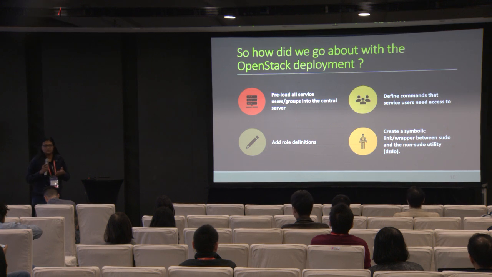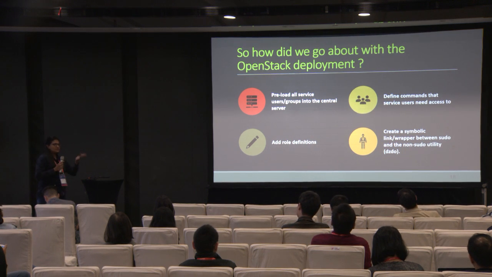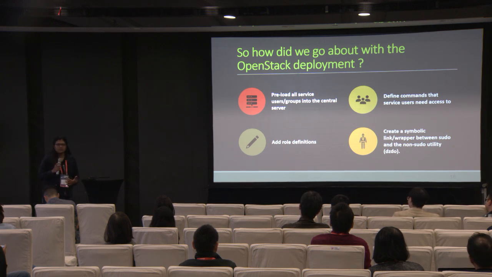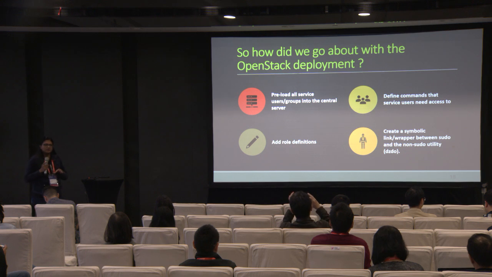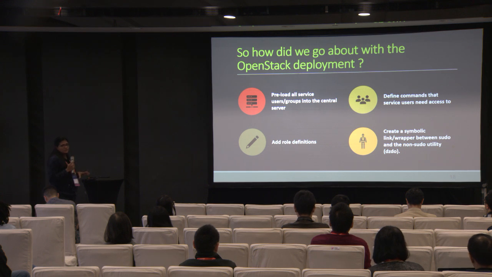There are so many other services, including, for example, RabbitMQ for message queue, MariaDB for your database. And even if you take Python dependency, there could be a lot of dependencies which actually create users. So we had to figure out all the dependencies and all the OS users that need to be created to get the services and the dependencies running. So making that list was the first step.